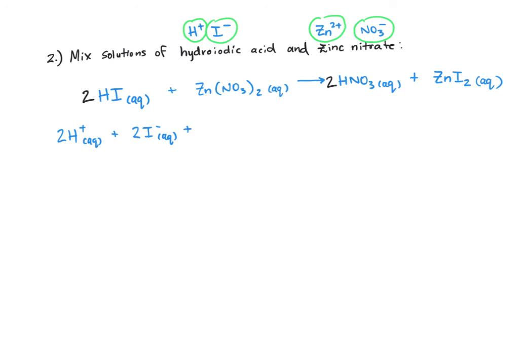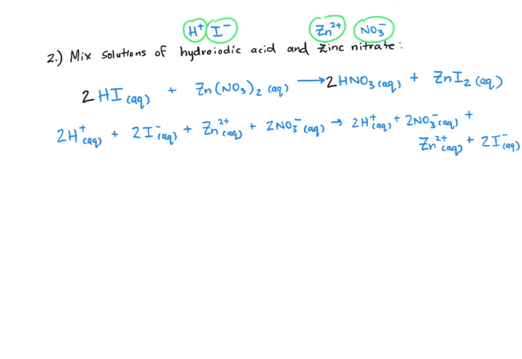Zinc nitrate is soluble. It dissociates into zinc 2+ cations and 2 nitrate anions. Nitric acid is soluble. It's a strong acid. It will be broken up into 2 hydrogen cations and 2 nitrate anions. And lastly, zinc iodide is soluble. It splits up into zinc 2+ and 2 iodide anions.